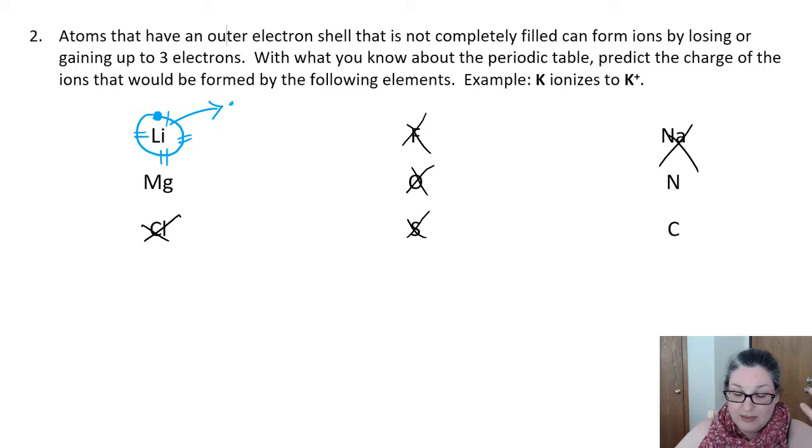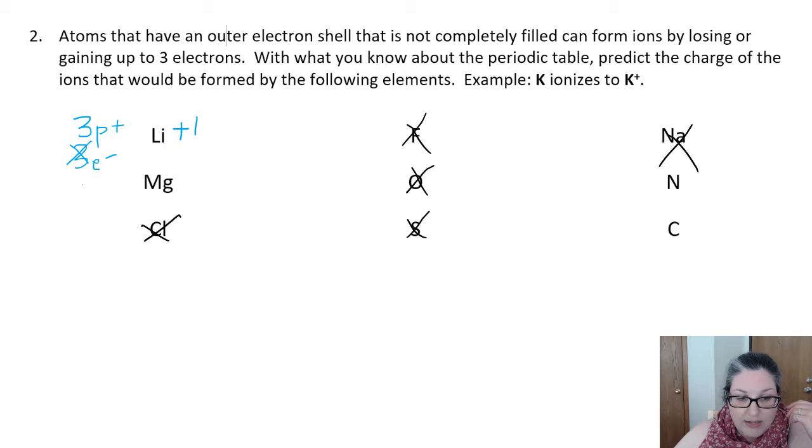It doesn't want to keep that. So the correct answer is Li with just a plus sign, or +1. Either one's okay. Because if lithium started with 3 protons and 3 electrons, and it got rid of 1, it has 2 electrons, that means we have 3 plus charges and 2 minus charges. So if you do the math, 3 minus 2 is +1. So this is the correct answer for this question.